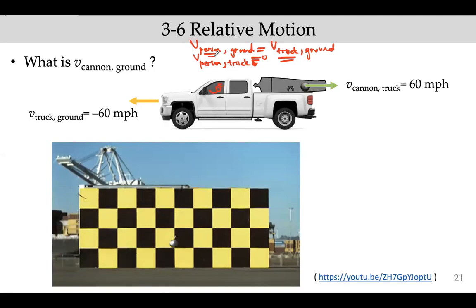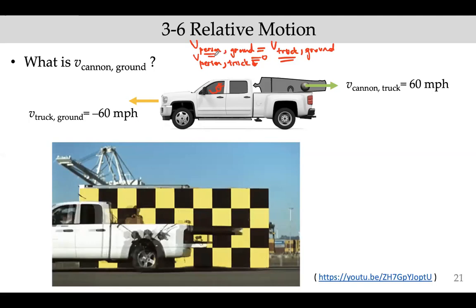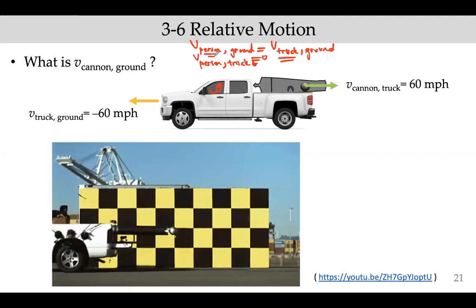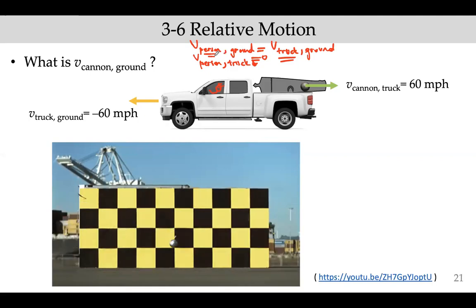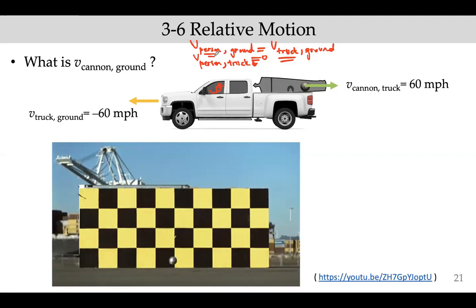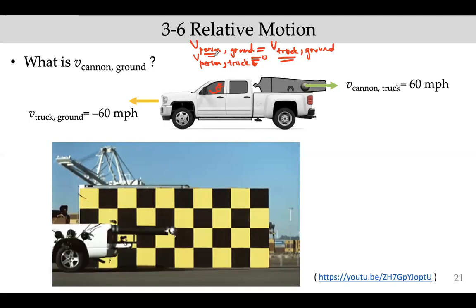So if you're driving with, say, 60 miles per hour, then that means your speed is 60 miles per hour. If the truck disappears suddenly, you would continue going with 60 miles per hour. Of course, you're going to fall down and there's going to be friction, but I think you get the idea.